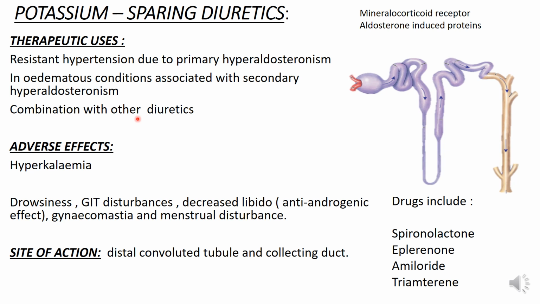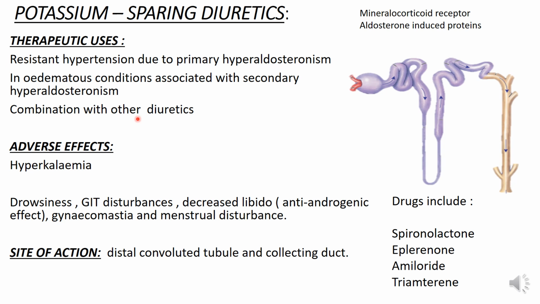You can also give thiazide and loop diuretics along with potassium supplementation, not to prevent the loss, but in order to make the potassium level normal.